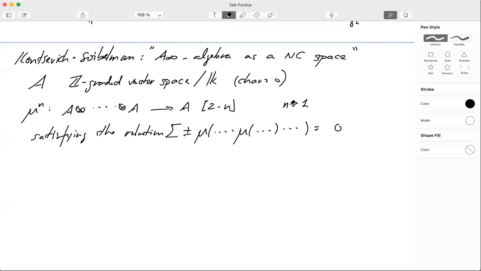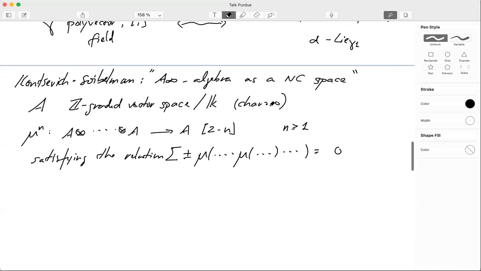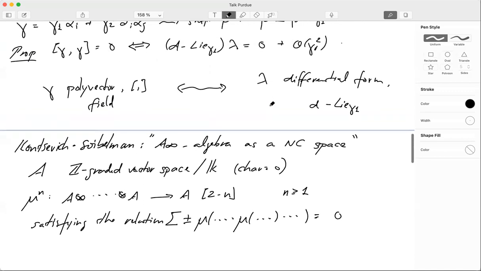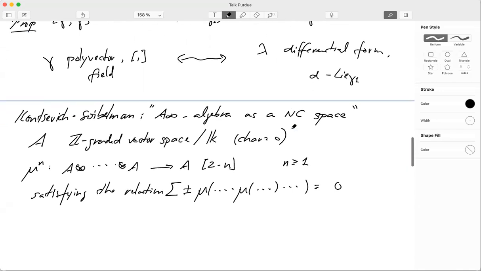Okay, so they propose to model the space as a non-commutative space, and now we have to think about what this means in terms of what the polyvector fields and the differential forms with this funny differential look like in this formalism. So let me start with the right-hand side, actually, the differential form. Here we need something that looks like a differential form, and that has kind of two different differentials.